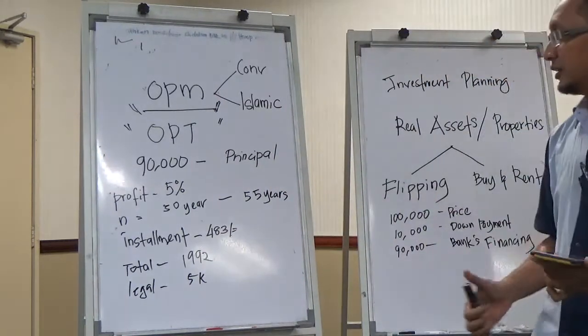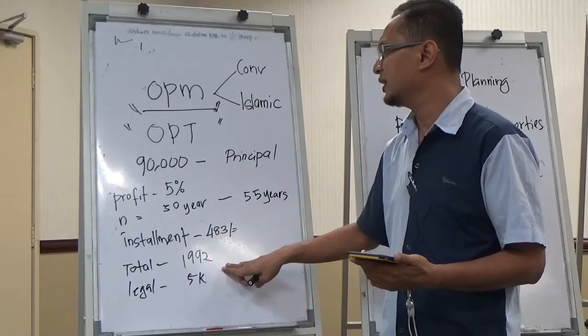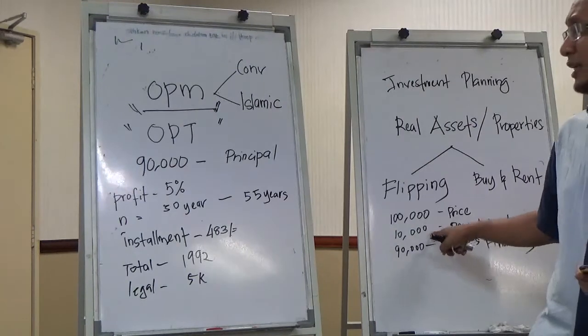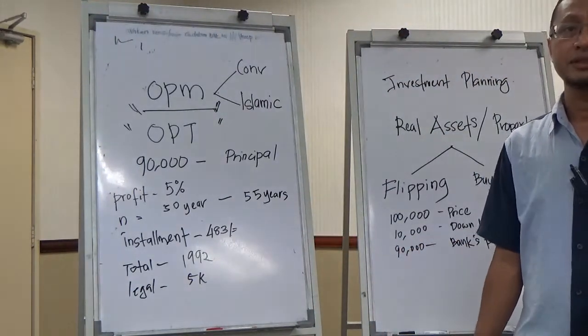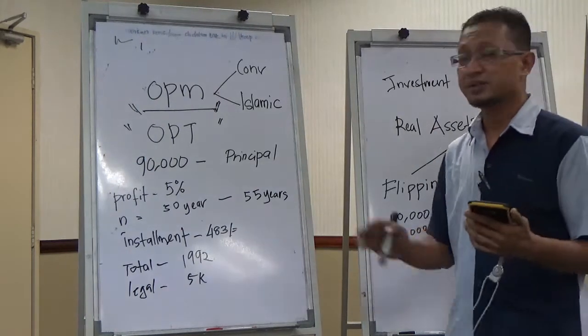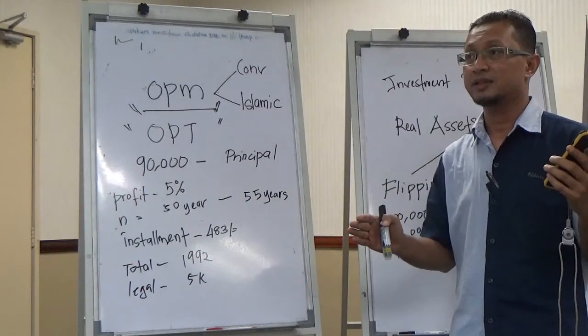So altogether you have paid 5,000 and about 2,000 here, so 7,000, and also your down payment of 10,000, so 17,000. Basically 17,000 you have paid.